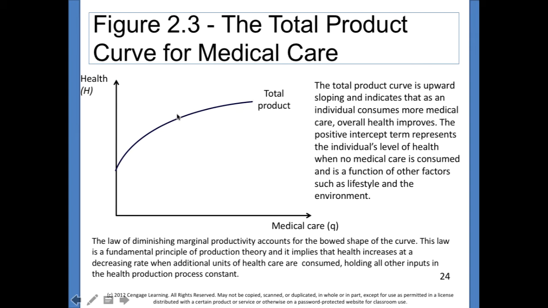but it is not a straight line. It is bowed, meaning it is increasing at a decreasing rate, similar to the diminishing marginal utility we had. Remember that this assumes we are changing medical care, one of the inputs of health production, and looking at the amount of total health produced, with all else being equal.